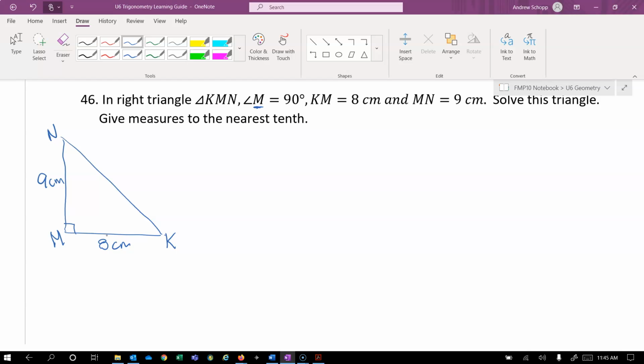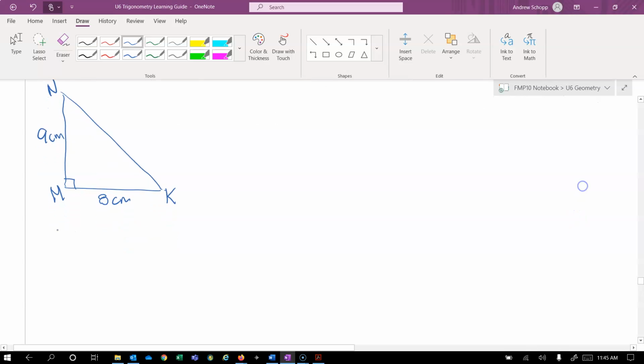And let's list all the pieces of information we need to find. We need angle M, angle N, angle K, and we need side length MN, MK, and NK. Some of these we already have.